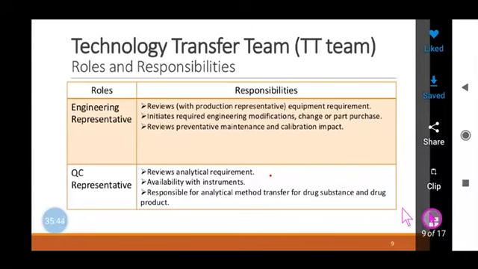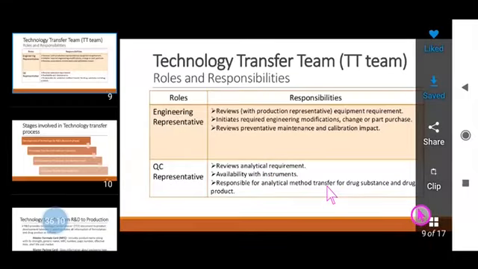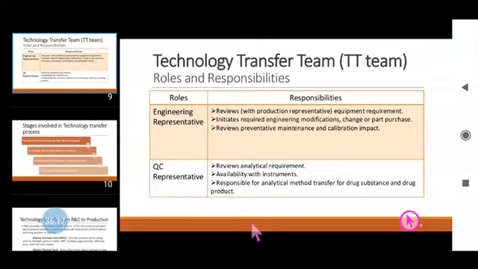But these processes are developed in accordance with the product obtained from a laboratory scale process, and then this analytical method, if it is supposed to be transferred to the other site in order to analyze the product which has been manufactured in the large scale unit.